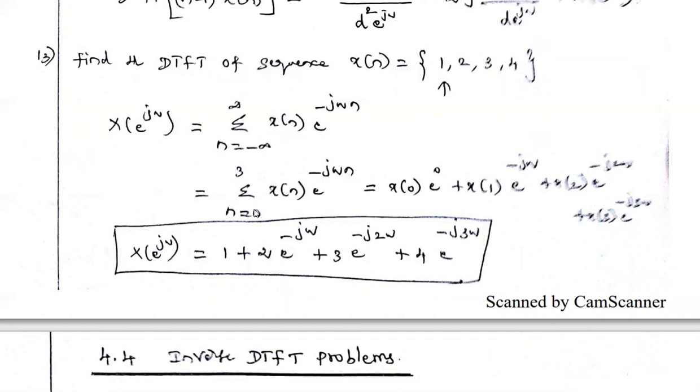Next we have to expand this summation. Since the summation is only for n equal to 0 to 3, we have 4 terms to add.